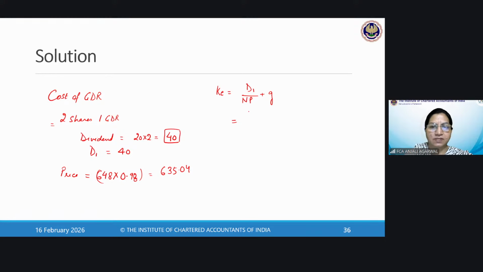So this becomes 40 divided by 635.04 plus growth of 0.12. 40 divided by 635.04 is 0.0629 or 6.3%, plus 0.12.